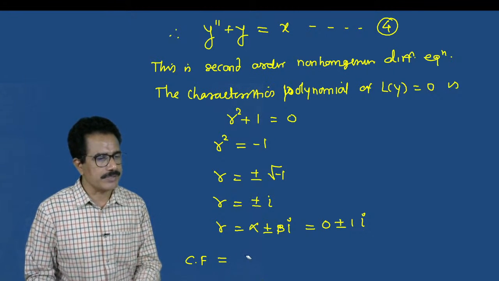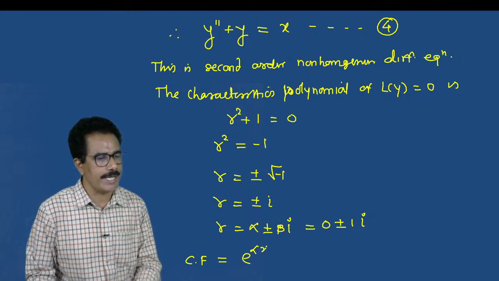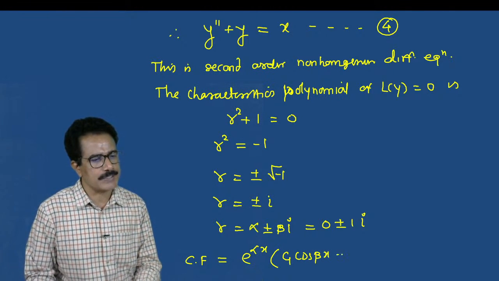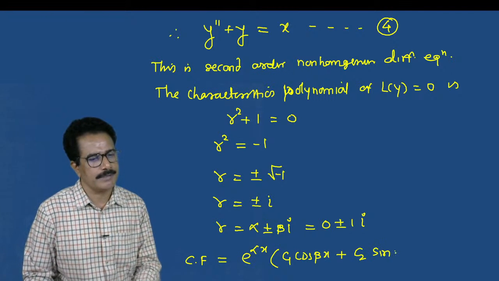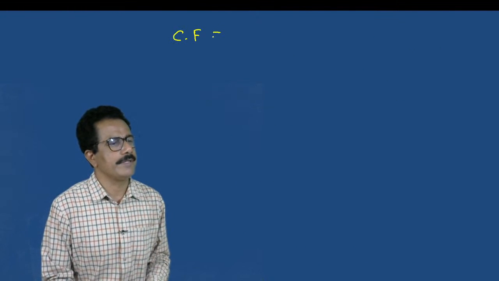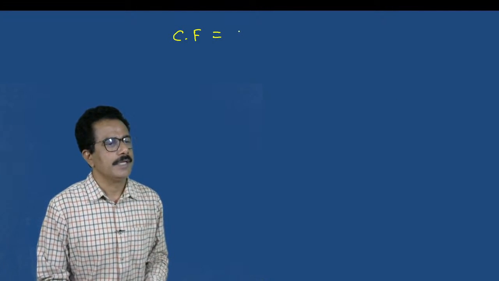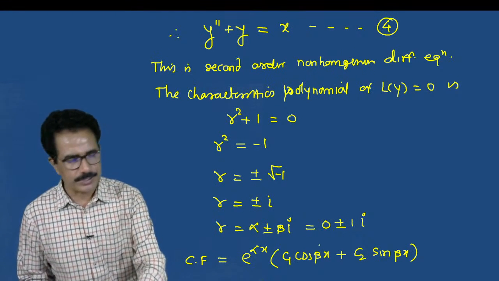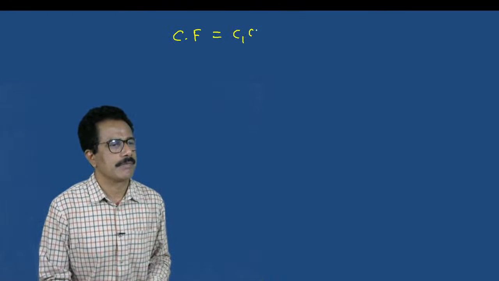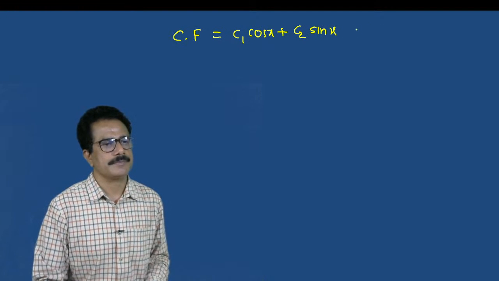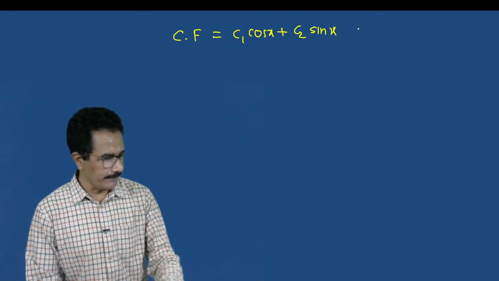Then the formula for the complementary function is e raised to alpha x into c1 cos beta x plus c2 sin beta x. So the complementary function is equals to e raised to alpha, which is 0, with beta equal to 1, c1 cos x plus c2 sin x. This is the complementary function.